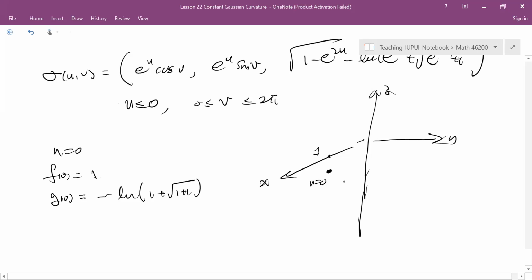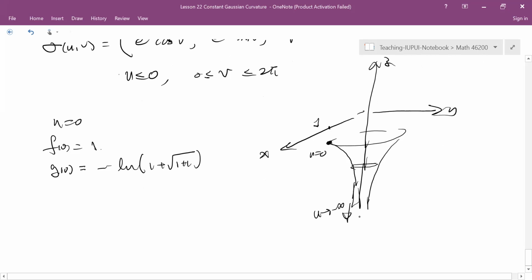Now, when u goes to negative infinity, you get a curve. So f of u is actually the radius, right? So for the surface of a revolution, f of u is the radius. So in this direction, u approaches negative infinity.